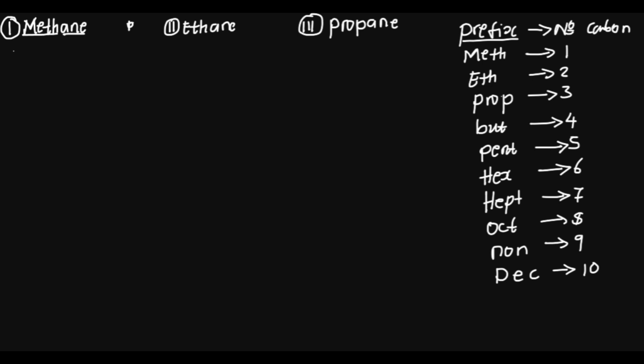So the general formula for alkanes is CnH2n+2. Then the first thing that we are going to do is look at meth. Meth has one carbon, so wherever there is n in our formula, we need to substitute 1. So let's do that.